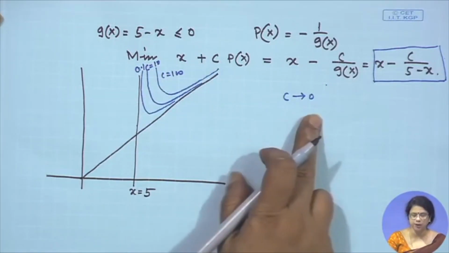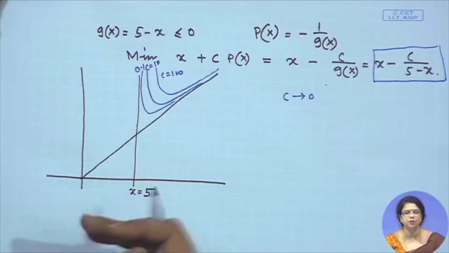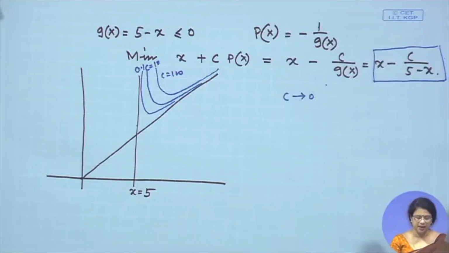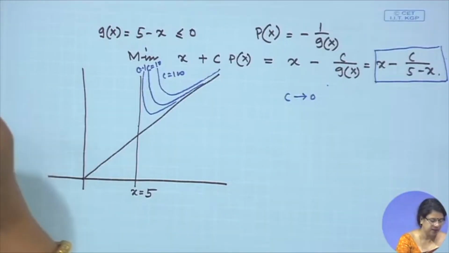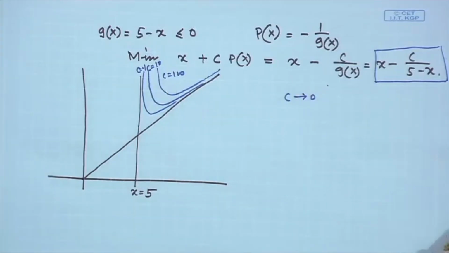If c is approaching 0, we are approaching the optimal solution. What I mean is that we are looking at the optimal solution of each individual unconstrained optimization problem. I will speak more on this. Just I wanted to say that the previous one is the exterior penalty function method and this one is the interior penalty function method.